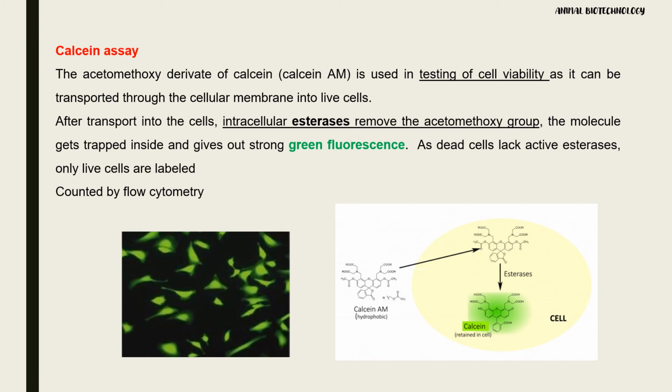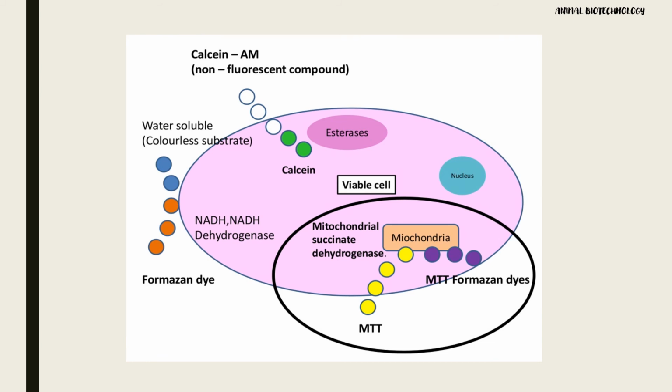It gives a strong green fluorescence which can be quantified by flow cytometry. Dead cells lack active esterases. The figure here summarizes the three assays that we studied: LDH assay, MTT assay, and calcein assay.